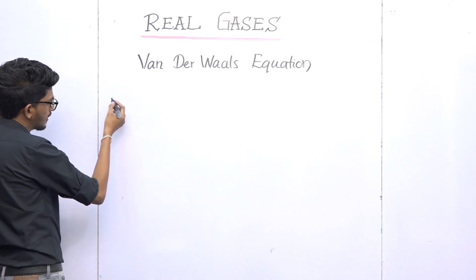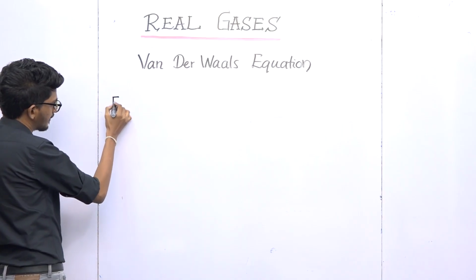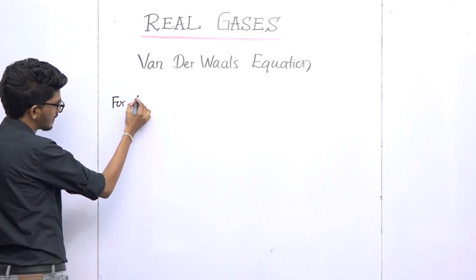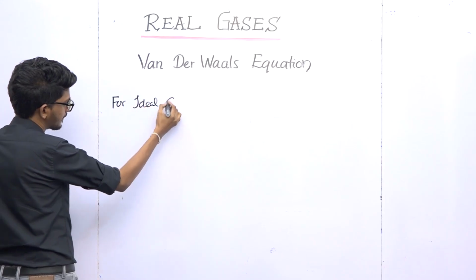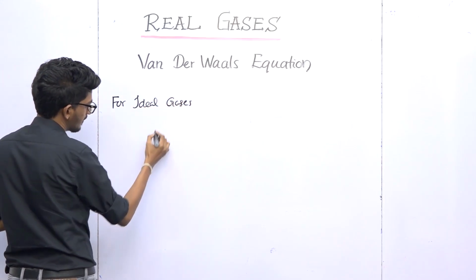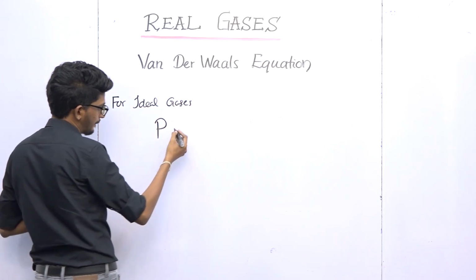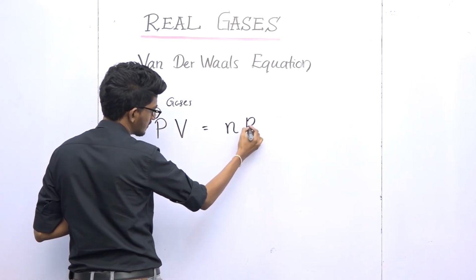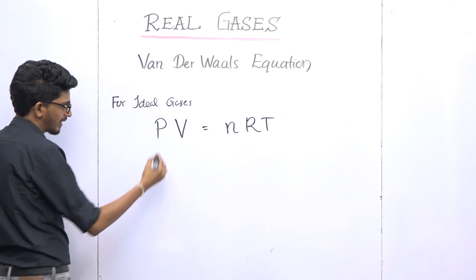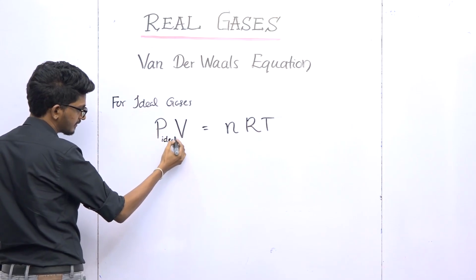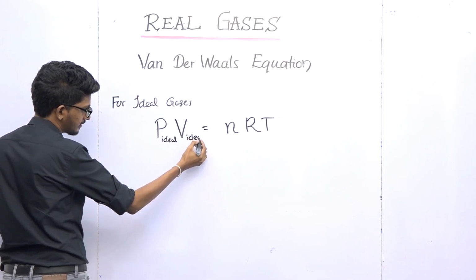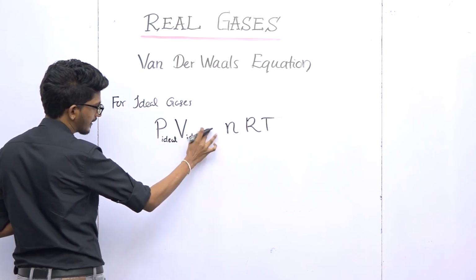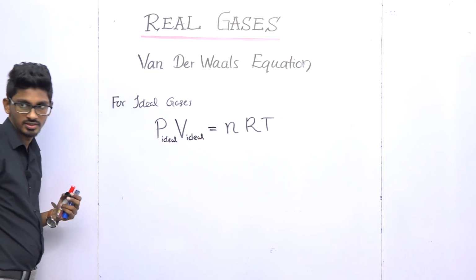Right? So for ideal gases, we had written it like PV is equal to nRT. So if you have to apply the ideal thing, the PV term will equal nRT, right?